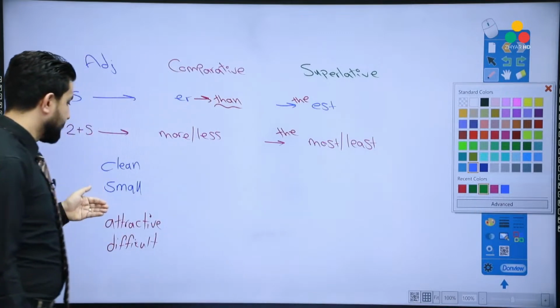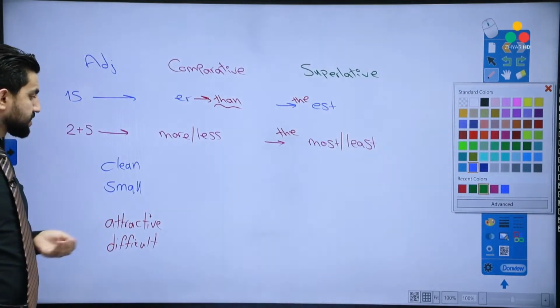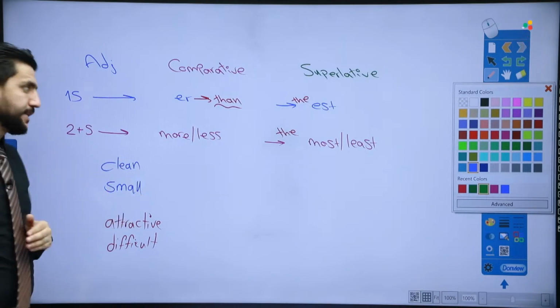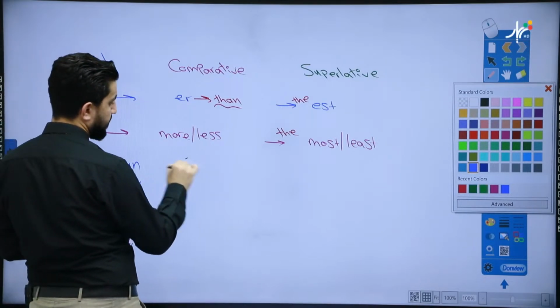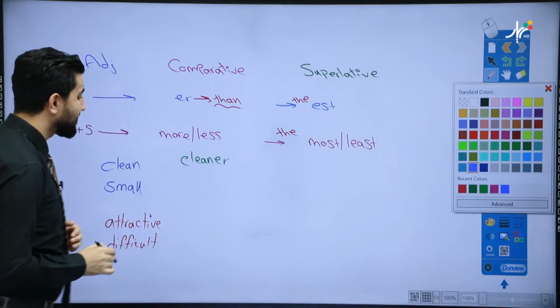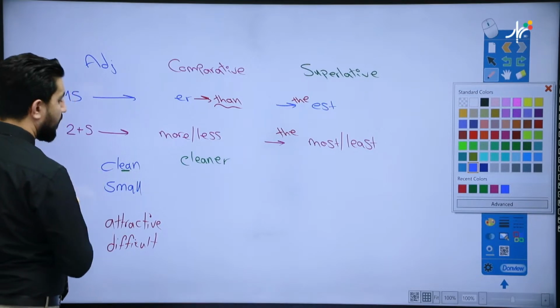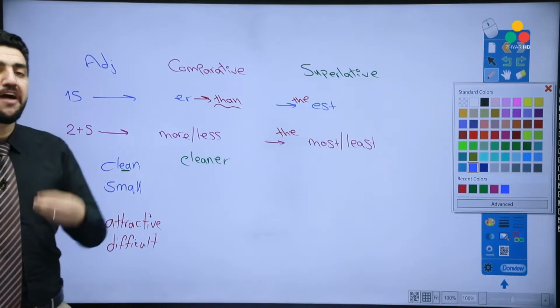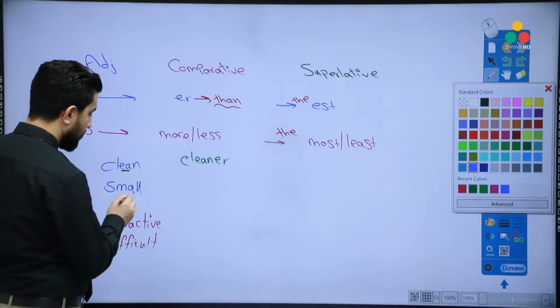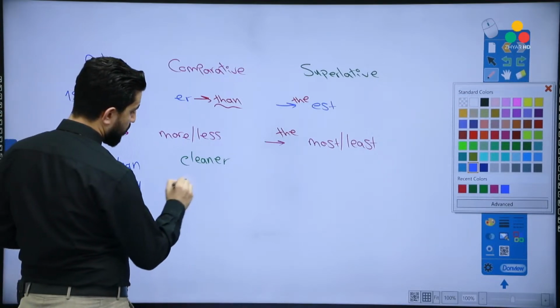Okay, so for this one, for example, clean or small in this case, how do you say it? Is it cleaner or more clean? Must be cleaner. Why? Because it's one syllable. How do you know it's one syllable? It's one vowel sound. There are two letters, but one vowel sound. Small, one syllable. Smaller.